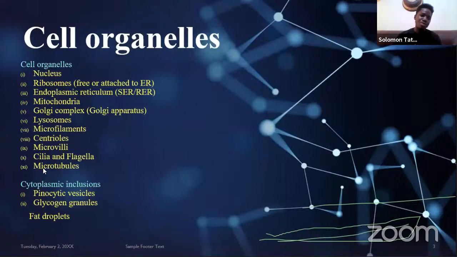The microtubules, we looked at them together with the microfilaments. That's why I've skipped them. So that's good. We also see cytoplasmic inclusions like the pinocytotic vesicles and the glycogen granules. The pinocytotic vesicles act in pinocytosis. What is the other name for pinocytosis?